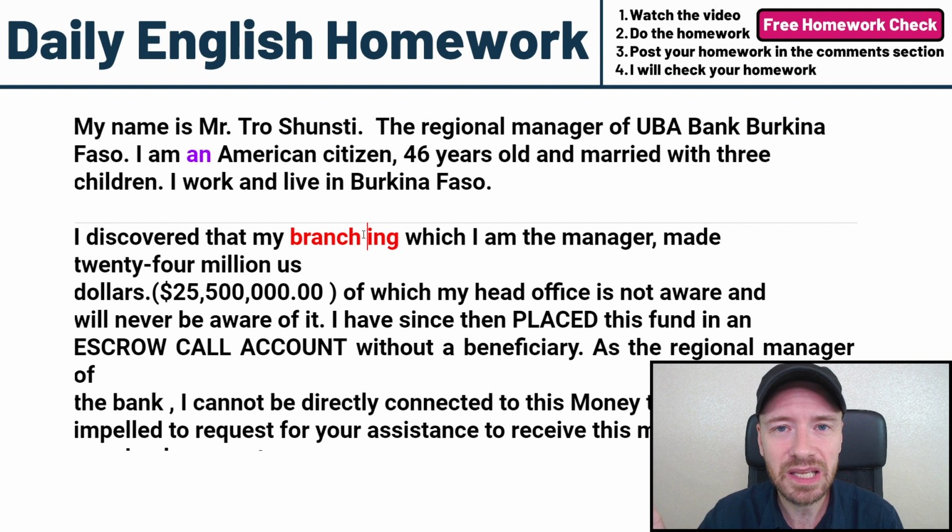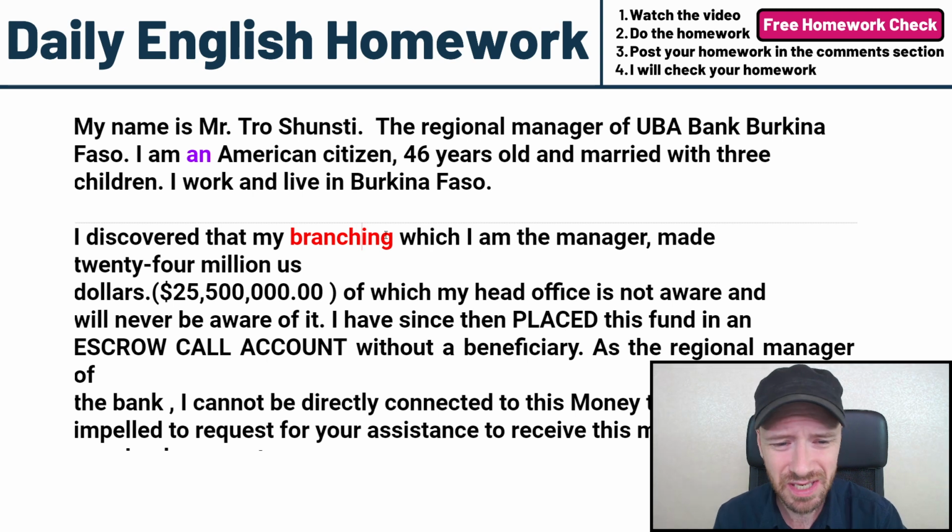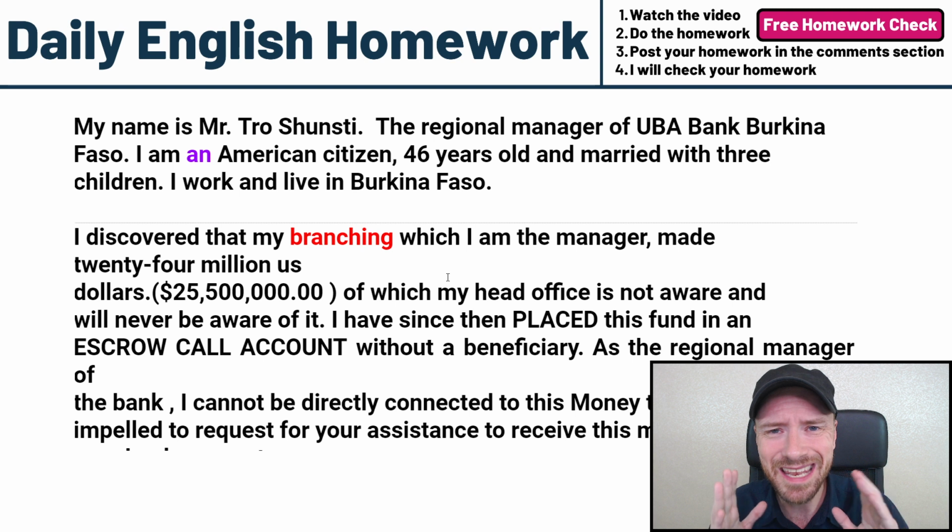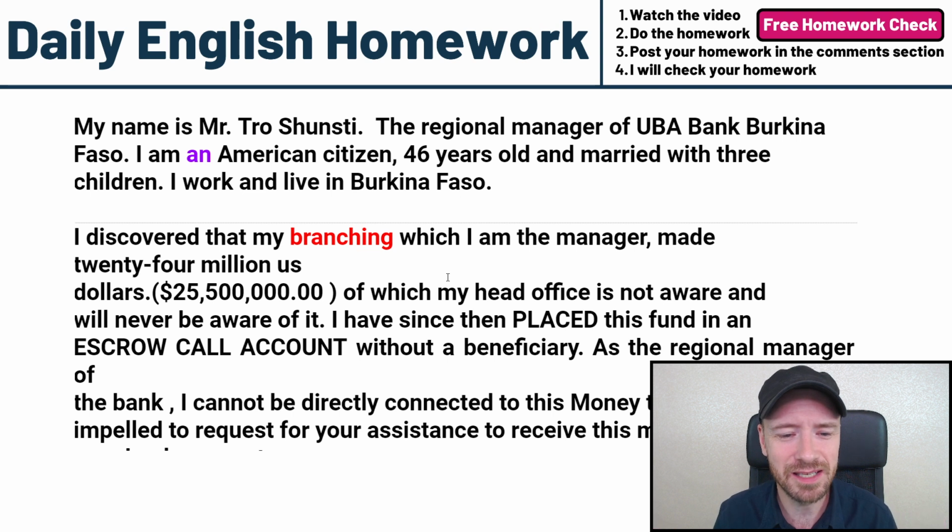He is not using it as a verb. He wants to use it as a noun, but actually he's using branching, and branching is the verb with ing, but he's not supposed to be using the verb right now. He's supposed to be using the noun. Nouns don't have ing. You can't say like treeing.